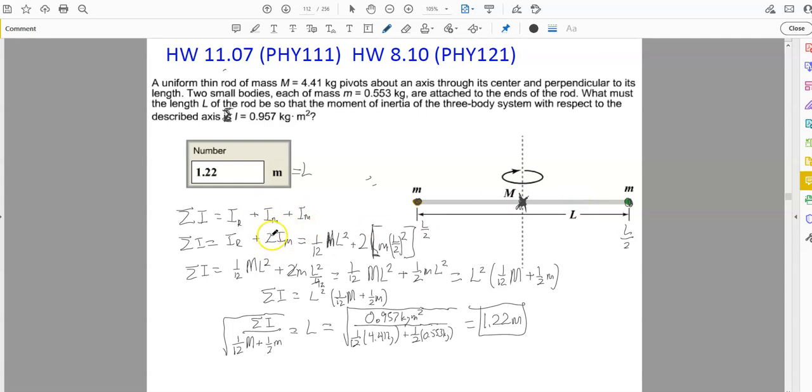So we then just said 2 times that to simplify it a little bit. And then we put in our moments of inertia, did some algebra to refine this down to be something simple and easy to work with, and then solved for L, and then put in our numbers, and that's what we did. So basically sum up all the moments of inertia to get the total moment of inertia of the system.